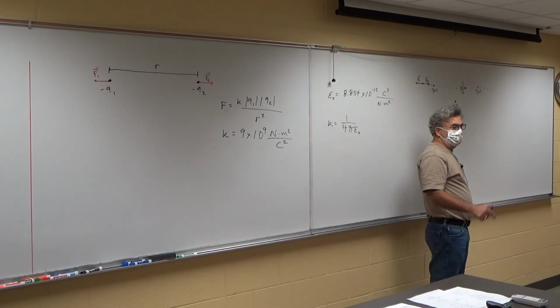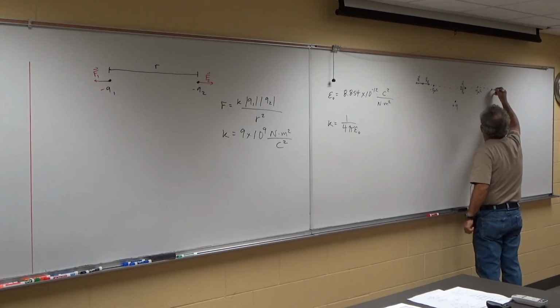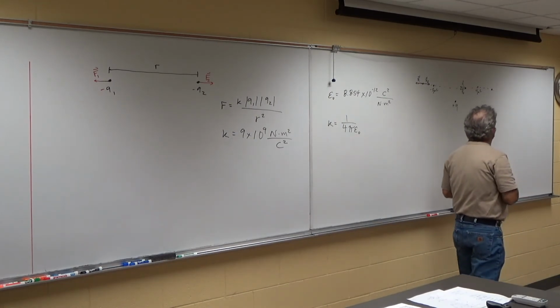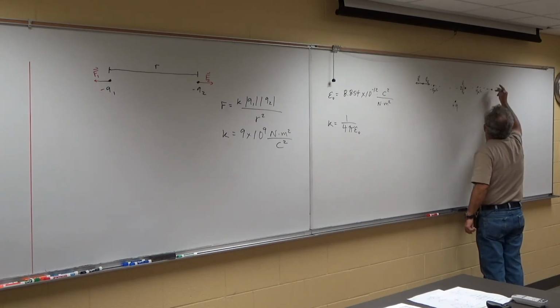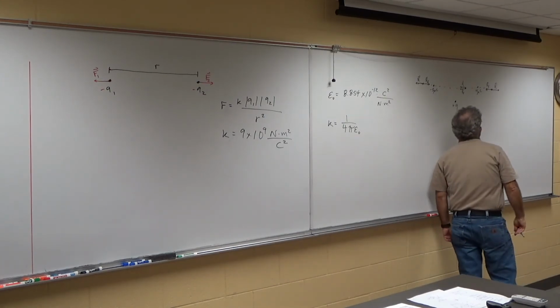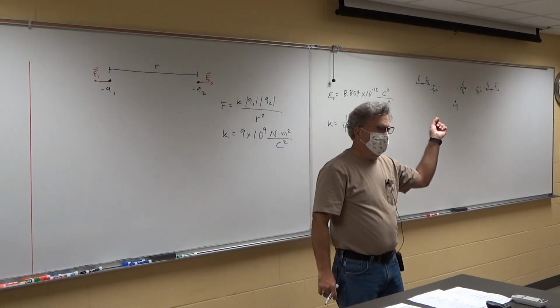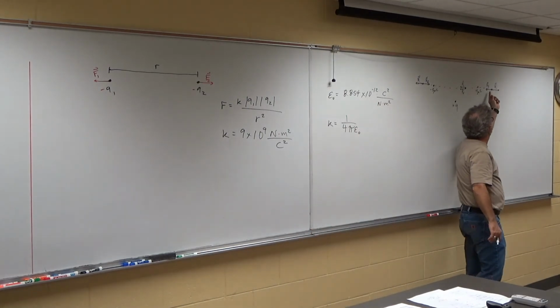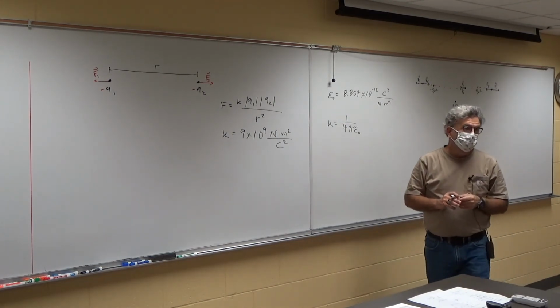However, like David pointed out, if we place it over here, then F5 is in this direction and F1 is in that direction. And you can find a spot there where you can tune it, a sweet spot, where F5 is equal to F1 in magnitude. And that's what you're looking for.